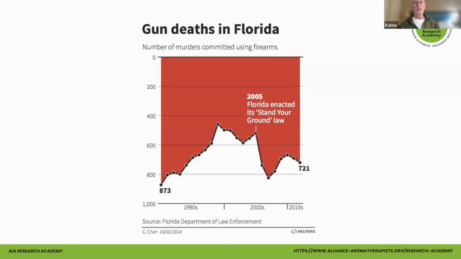Right. So when 2005, after Florida enacted its Stand Your Ground law, gun deaths fell from about 725 all the way to 815, and then rose. I mean, this is just utter nonsense.